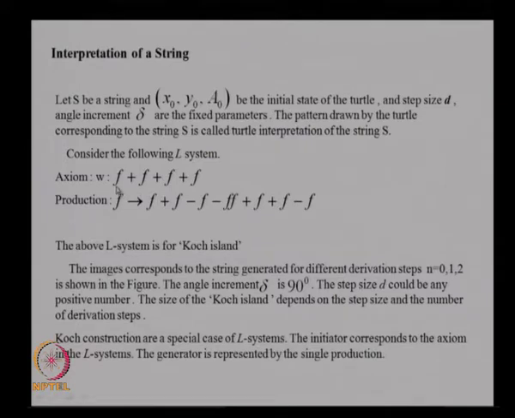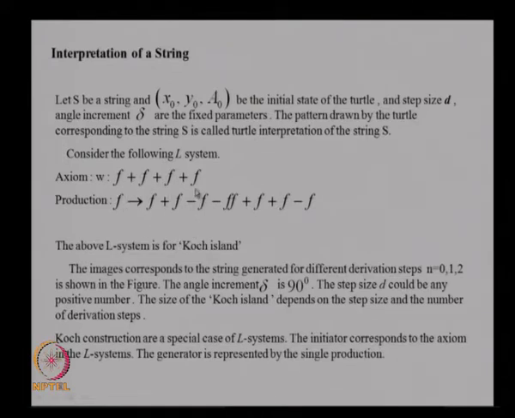For example, start with this axiom and rule. For F we have a rule, F goes to F plus F minus F minus F F plus F plus F minus F. Of course, I have not specified the other rules, plus goes to plus, minus goes to minus.